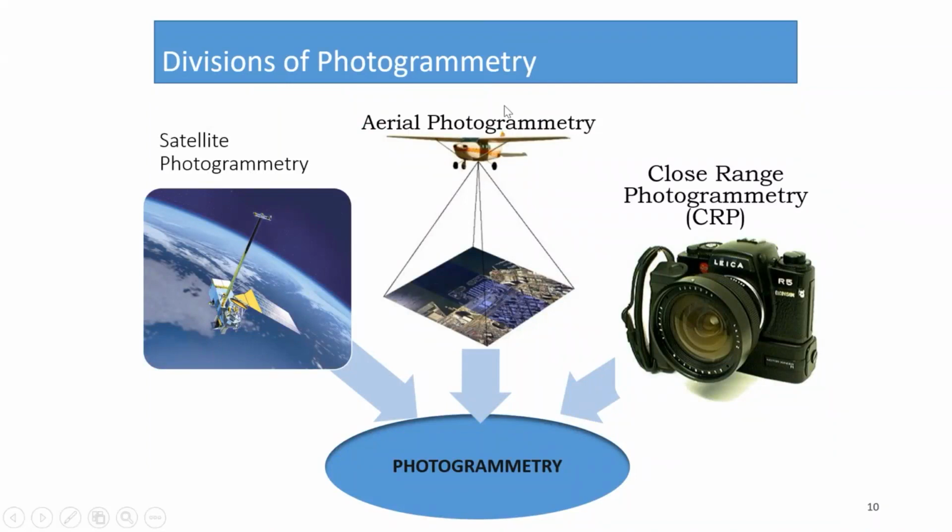The next case is aerial photogrammetry, when photographs are taken using aircraft. And close-range photogrammetry is a case where normal camera photographs are taken. These are the three primary divisions of photogrammetry.